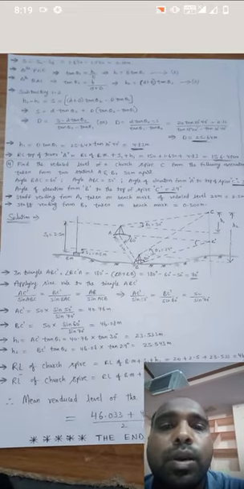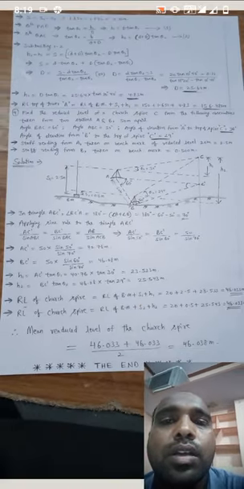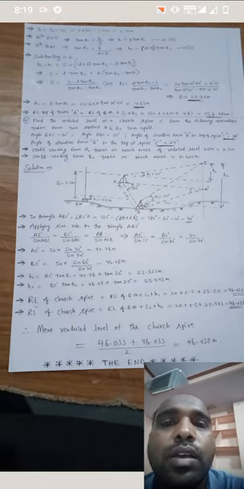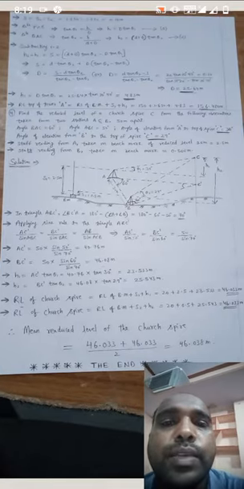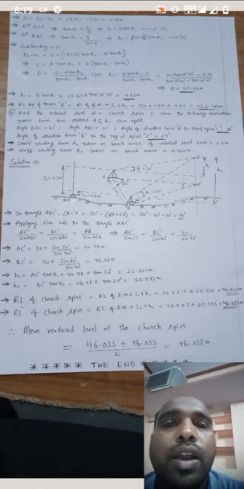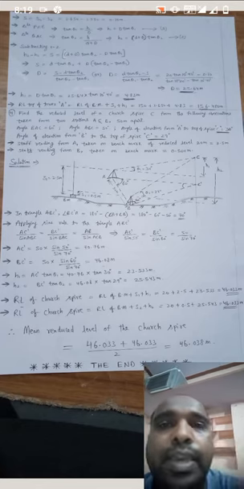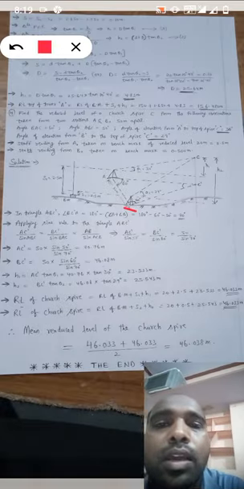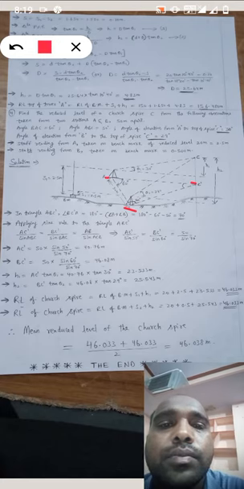So next problem. Find the level of church spire C from the following observations taken at stations A and B. Angle BAC is given 60 degrees.